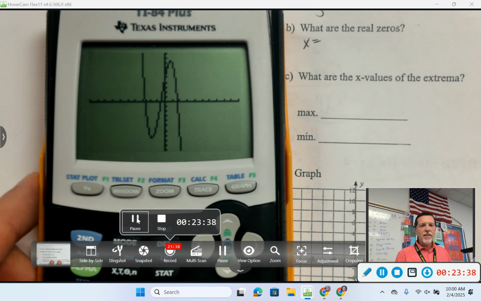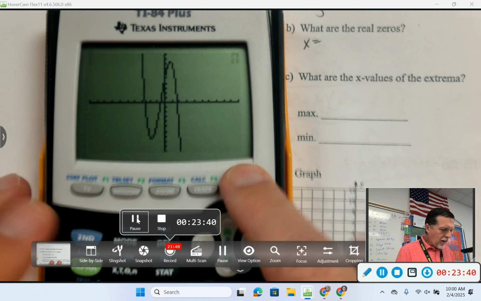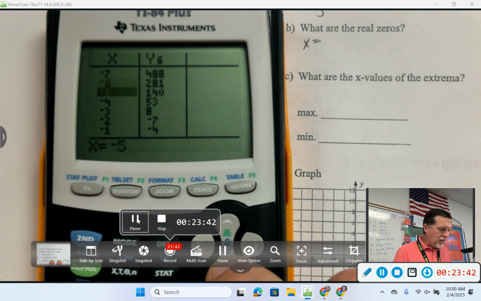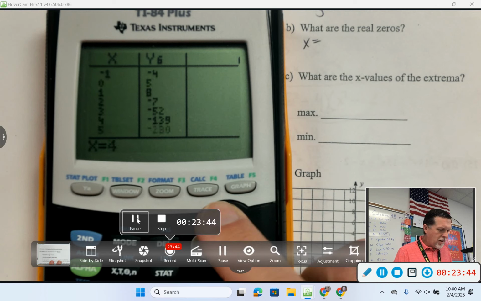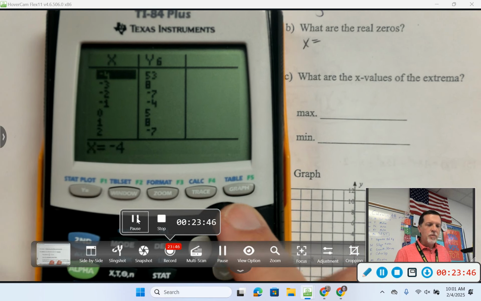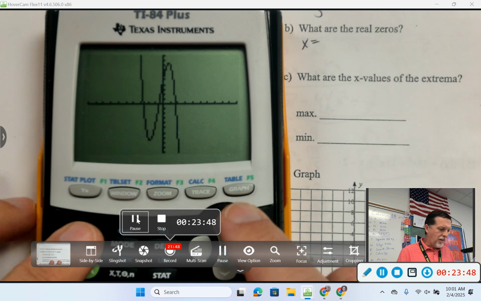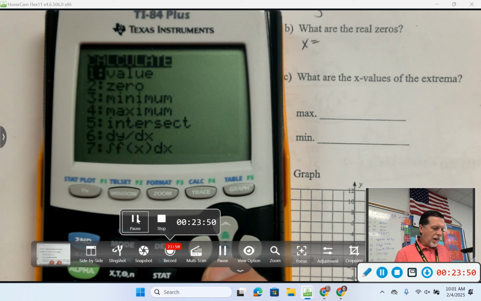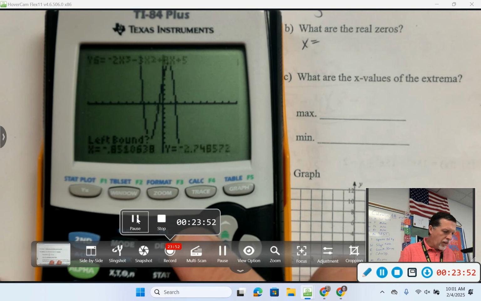So let's find them. Although I guess I like using the table first, because it's sure easy if there is one. If not, back to the graph. And second, calc 0. And I guess I'm going to have to do this 3 times.